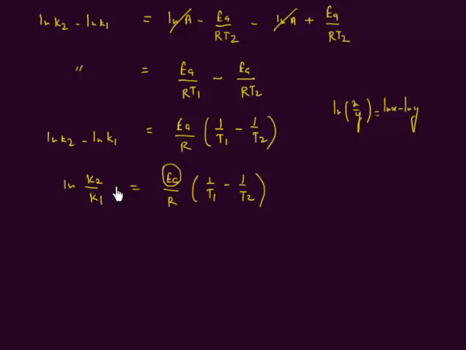It means that if the value of activation energy is smaller, the rate constant value will be larger, and as a result the rate of reaction will be faster. And here we can say that if the value of activation energy is larger, the rate of reaction will be smaller.